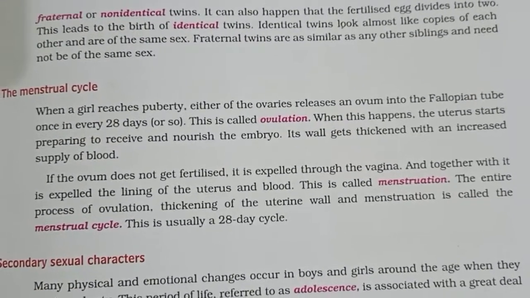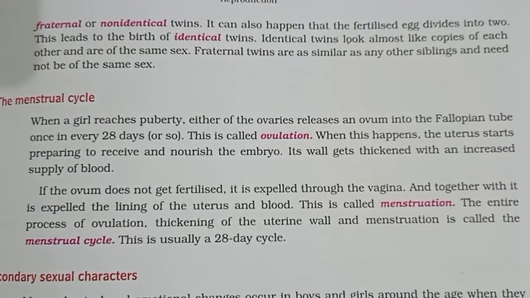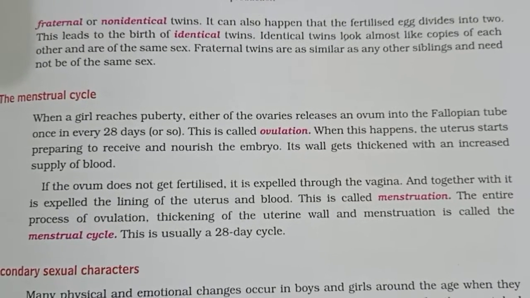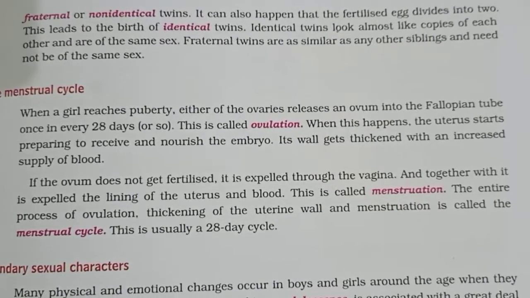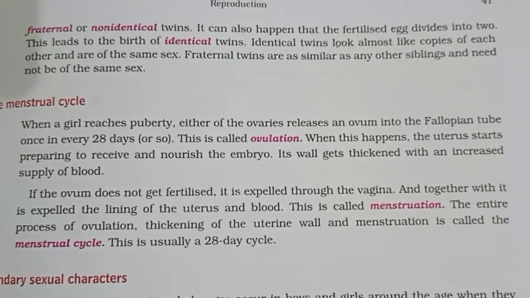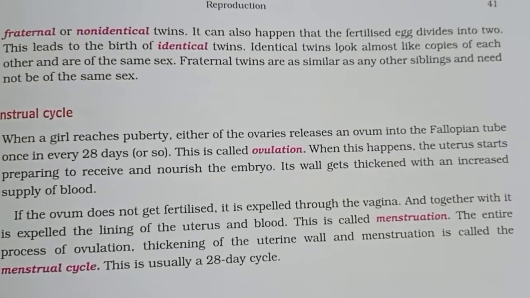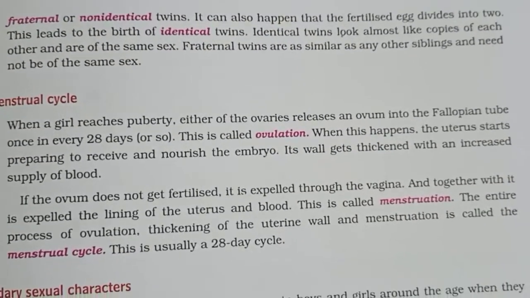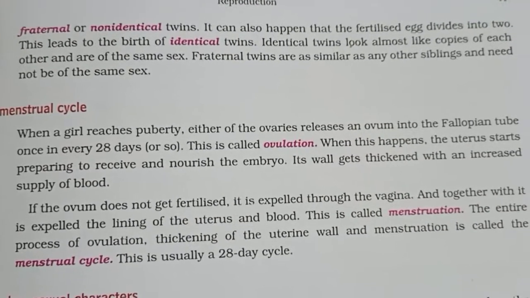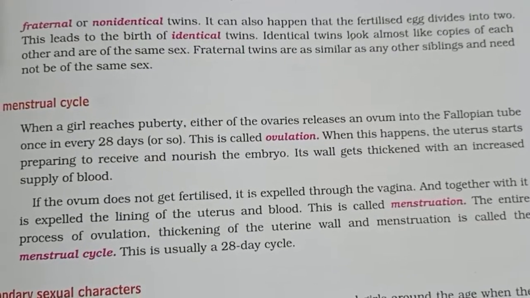And what about identical twins? When are identical twins born? It happens if the fertilized egg, that means the zygote, divides into two after fertilization has taken place. This leads to the birth of identical twins.